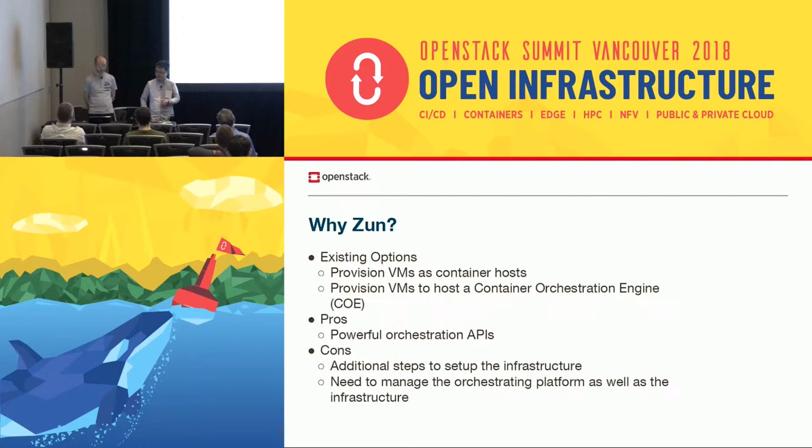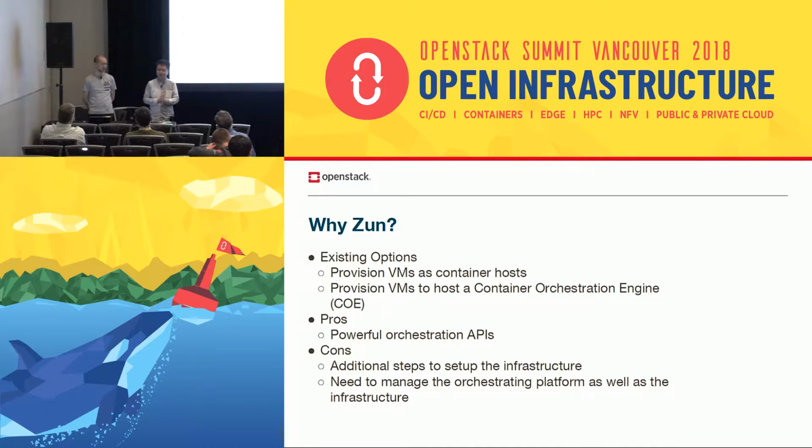So why did we create this project? Suppose this project did not exist. What options are available to consider in the basic scenario where you have a container image and you want to run it in the cloud? Possibly the first option is to talk to Nova to get a VM, and you configure the VM to install the Docker daemon to host a few containers.